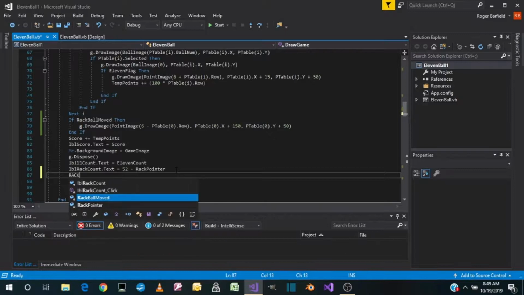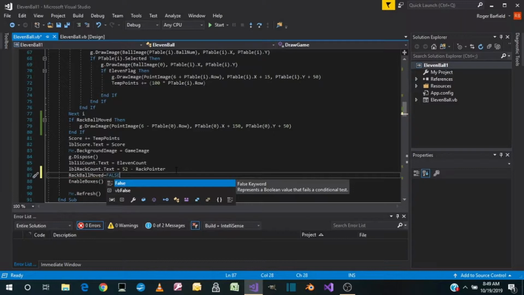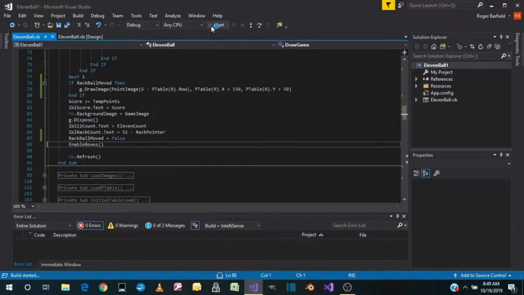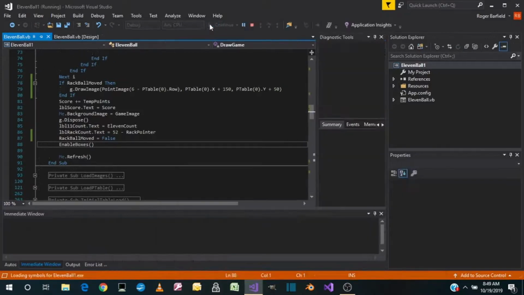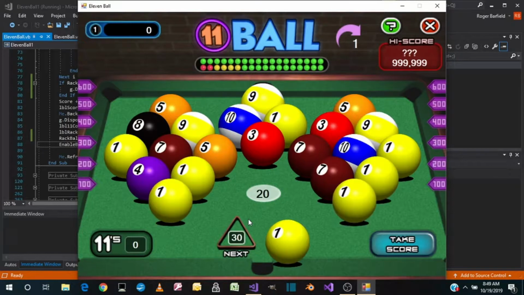Rack ball moved equals false. And let's do this again. Let's try to do a lot of combinations so we have a lot of balls missing.